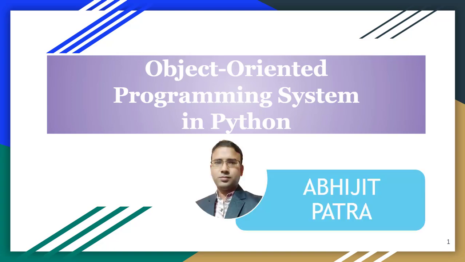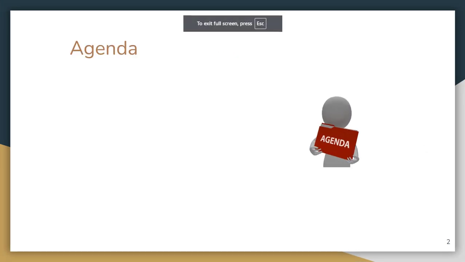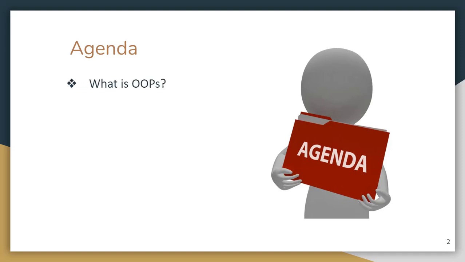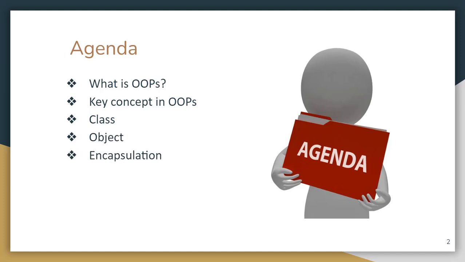Today's topic is object-oriented programming system in Python. Agenda, or what you will learn in this video: what is OOPS, object-oriented programming system, and key concepts of OOPS: class, object, encapsulation, inheritance, and polymorphism.